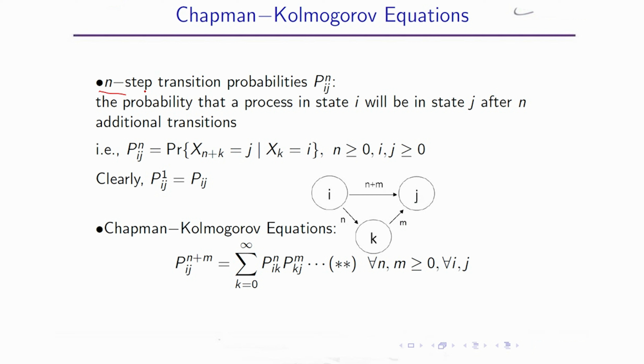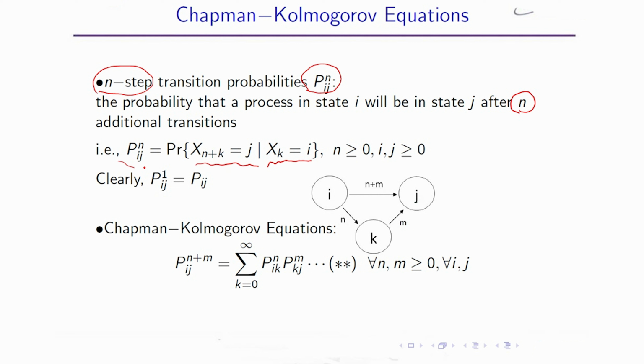We also have the n-step transition probability matrix, P_ij^(n), that represents the probability that a process in state i will be in state j after n steps. So P_ij^(n) is equal to the probability, conditioning on the current state X_k equal to i, and after an additional n steps, that's k plus n, that X_{n+k} is equal to j.